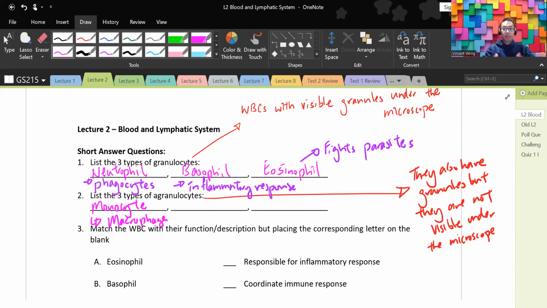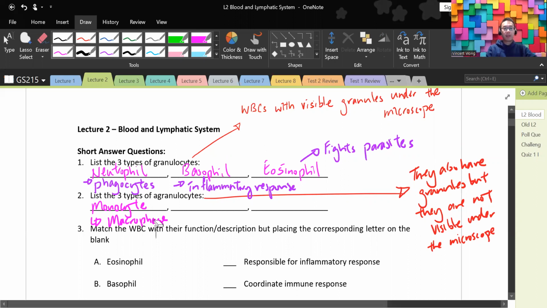When they encounter something foreign, something that's not supposed to be there, they can differentiate, they can transform into macrophage. People mention T cells and B cells. Absolutely. T cells are responsible for coordinating immune response. B cells are responsible for antibody production.